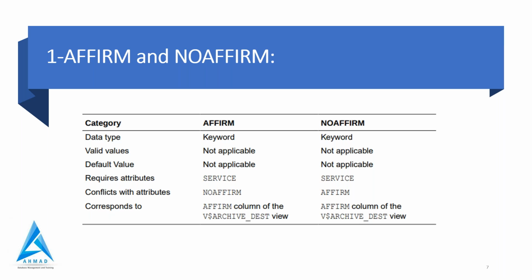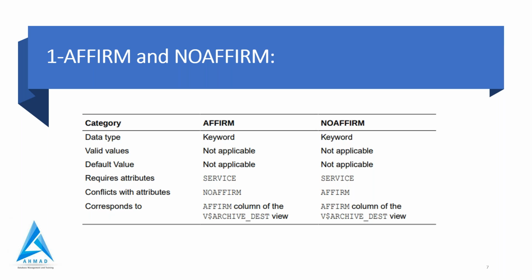In the AFFIRM table you can see that the SERVICE attribute is required, and for NOAFFIRM the SERVICE attribute is also required. You can check the V$ARCHIVE_DEST view, where in the AFFIRM column you will see the values.